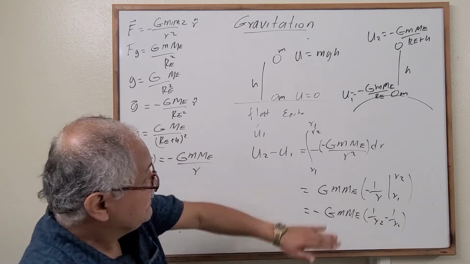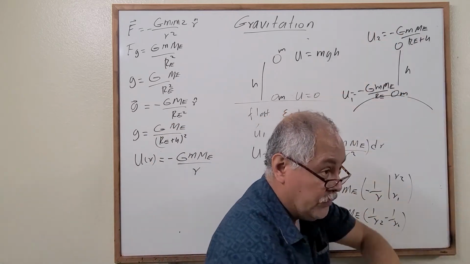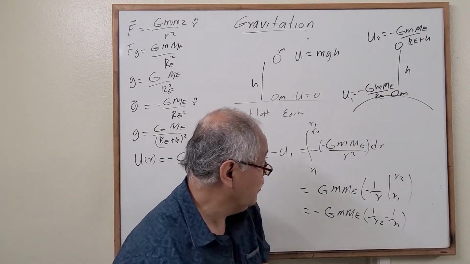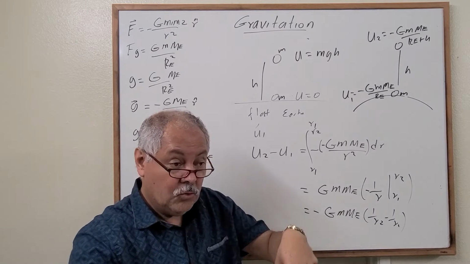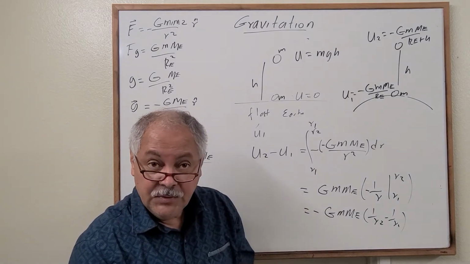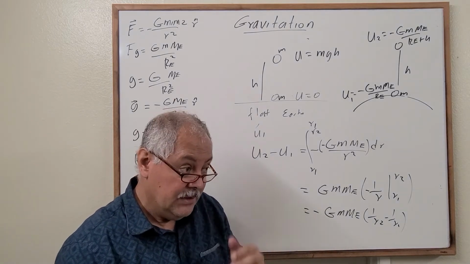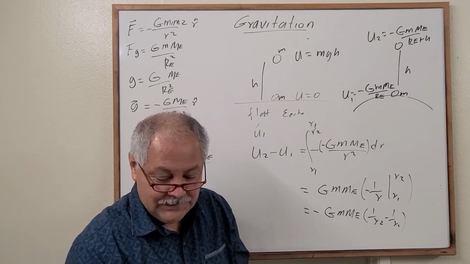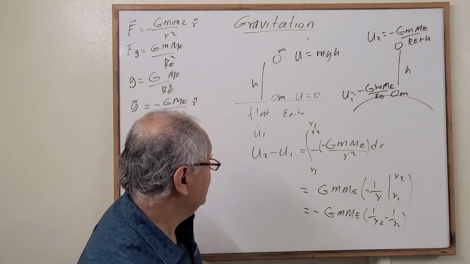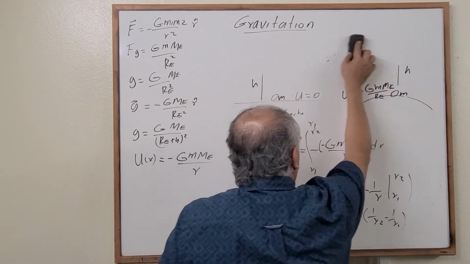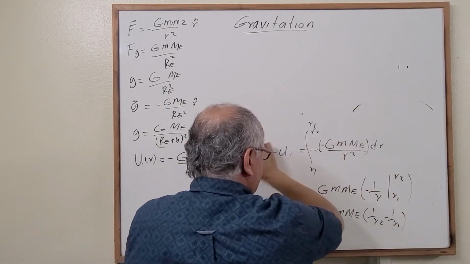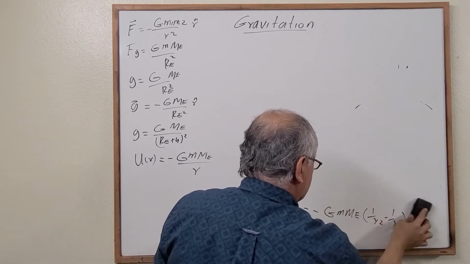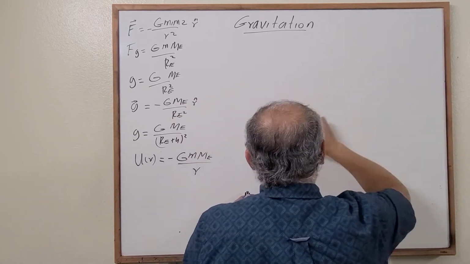Now, this is above the surface. What about looking for the force inside of the Earth? Imagine that the Earth has a constant density. Let's see how the force is inside of the Earth. Alright, okay, let's do it.